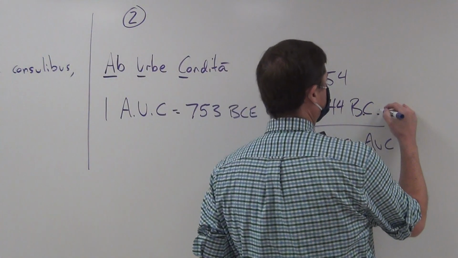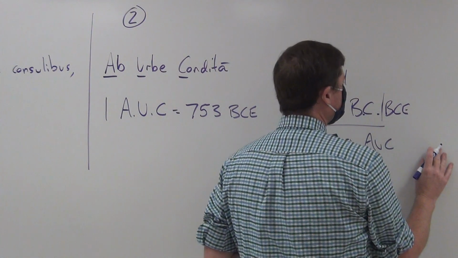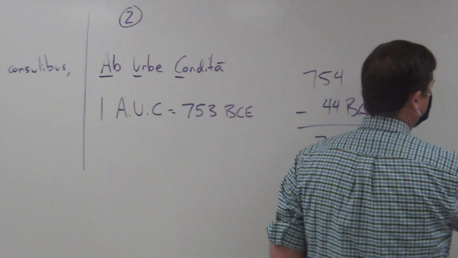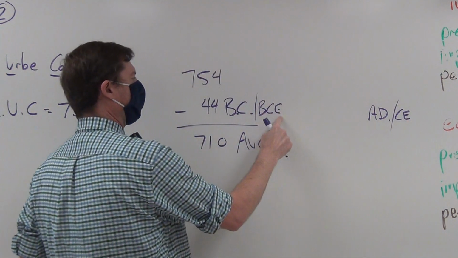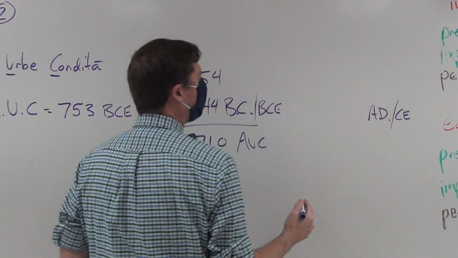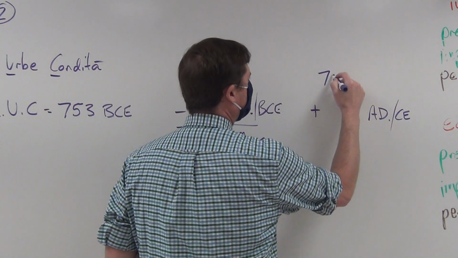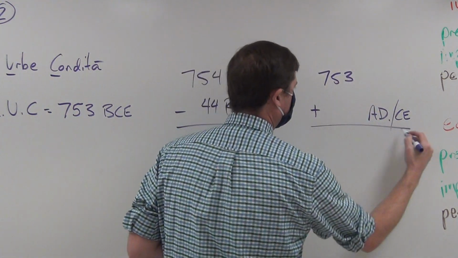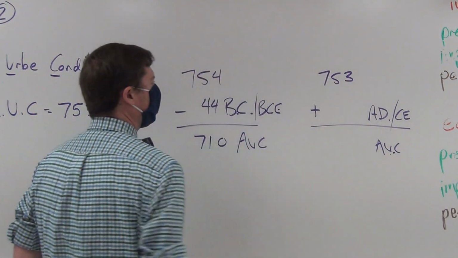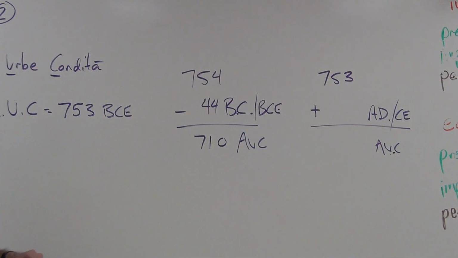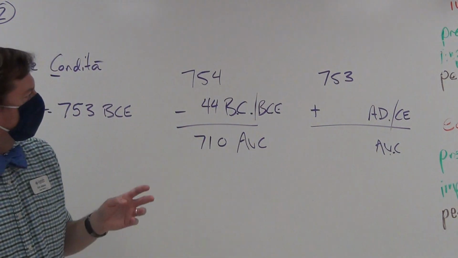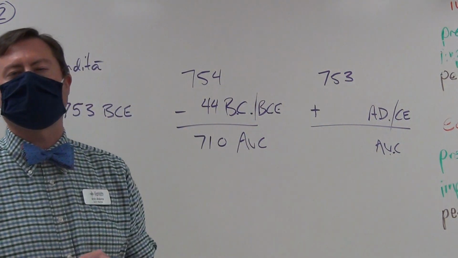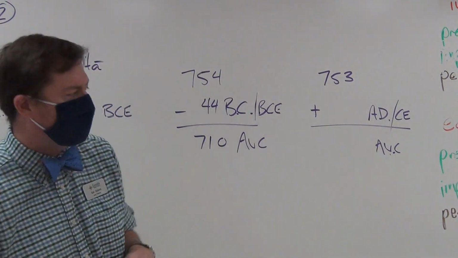If the year in question, and remember the other is either BC or BCE, if the year in question was AD, or instead sometimes people use CE for Common Era, then what you will do is add that number to 753 to get your AUC. So let's go with the crowning of Charlemagne as Holy Roman Emperor on Christmas Day, 800 AD.